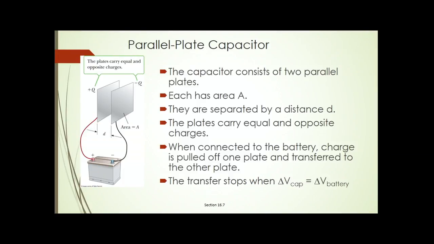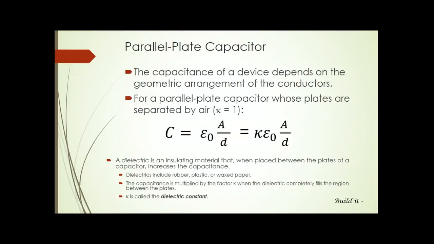The capacitance of the device depends on the geometric arrangement, how the device is set up, how far apart my plates are. For a parallel plate capacitor separated by air, different materials are going to impact my capacitor differently.